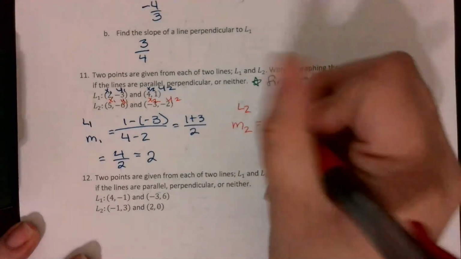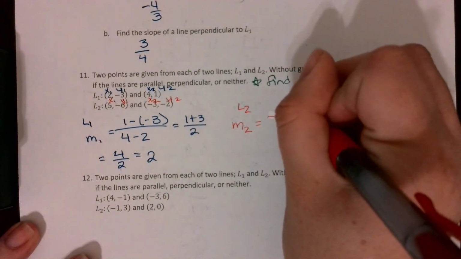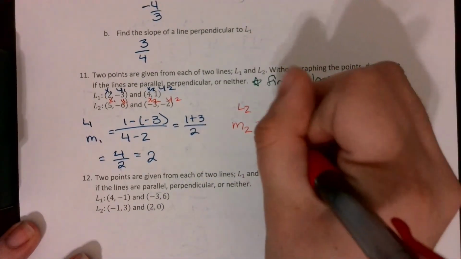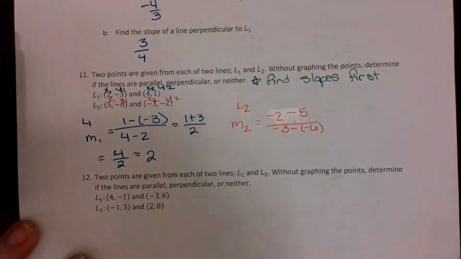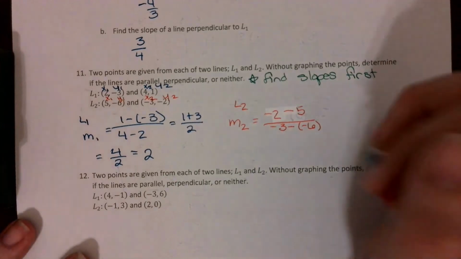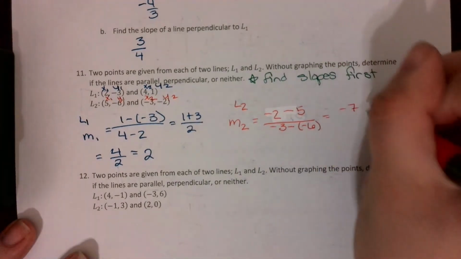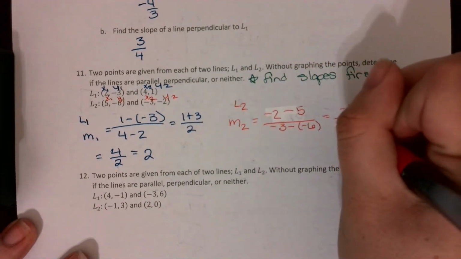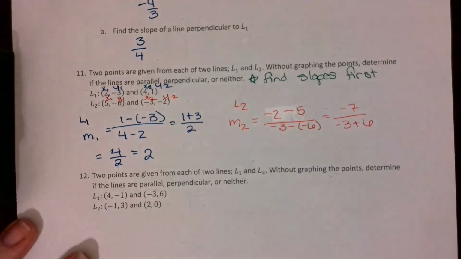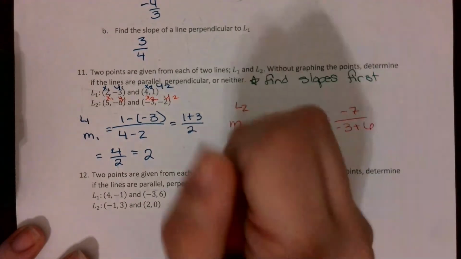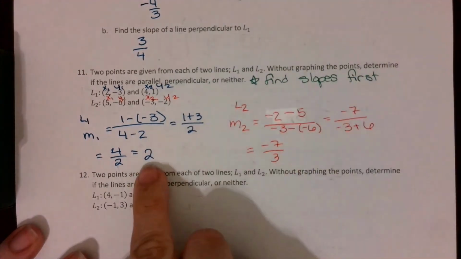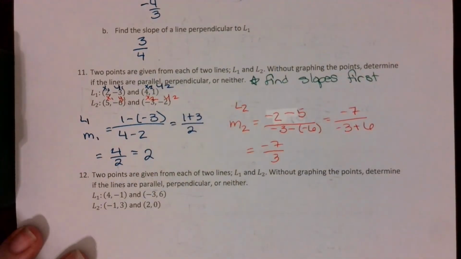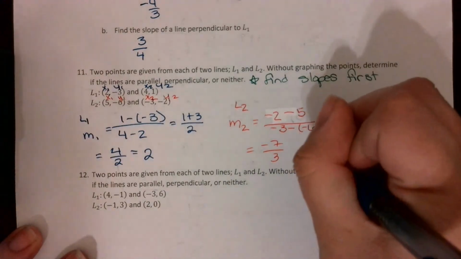I'm going to have -2 minus 5 over -3 minus -6. Then I simplify that. So I get -7 over -3 plus 6. Then -3 plus 6 gives me 3. These are not even close to being the same, so these are going to be neither.